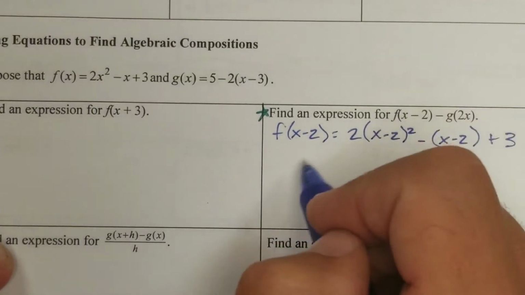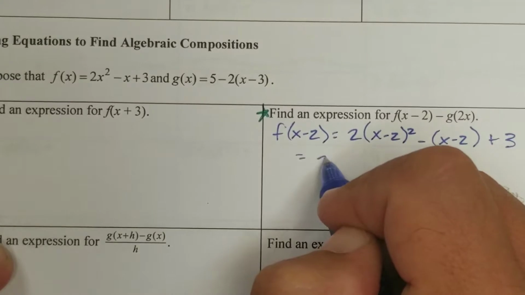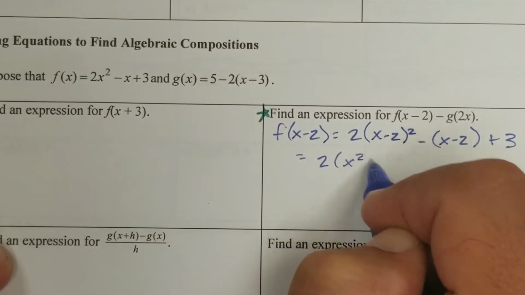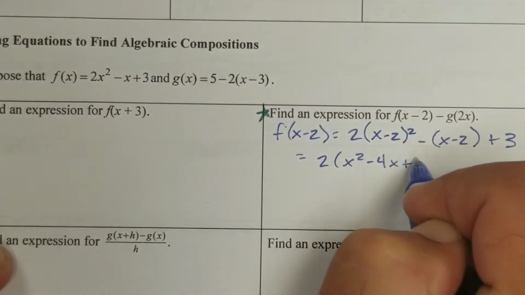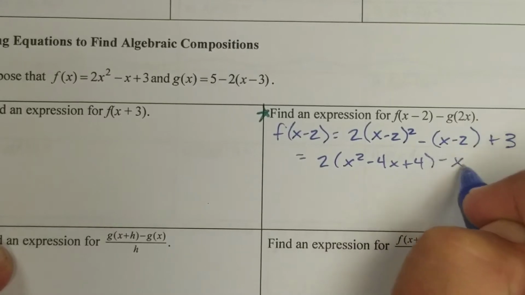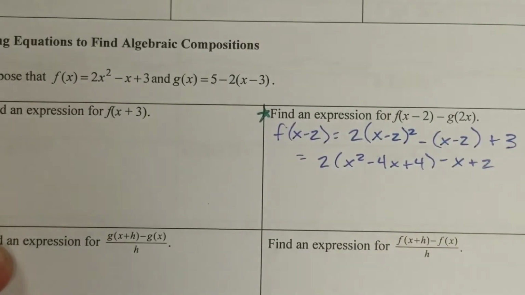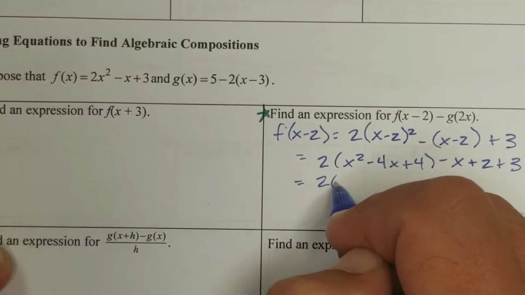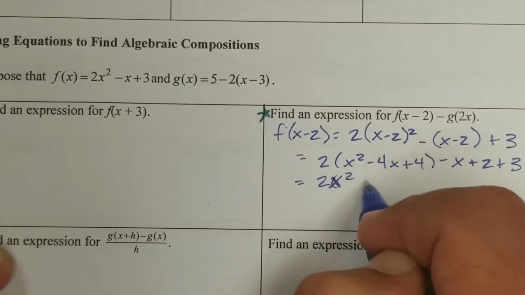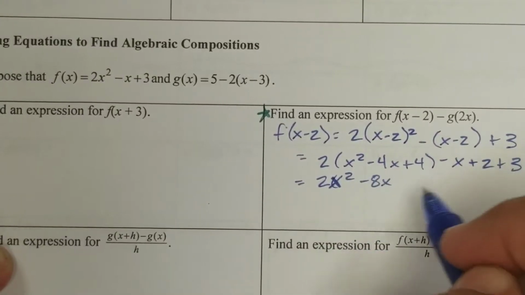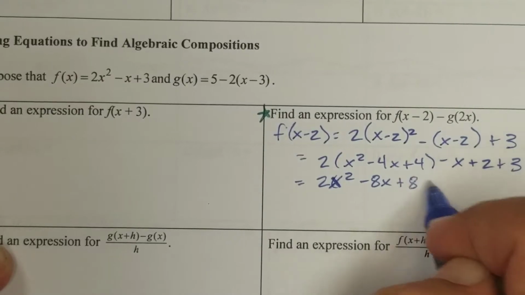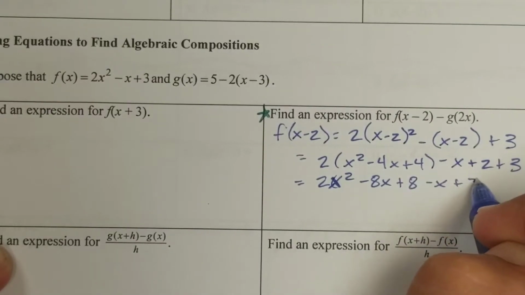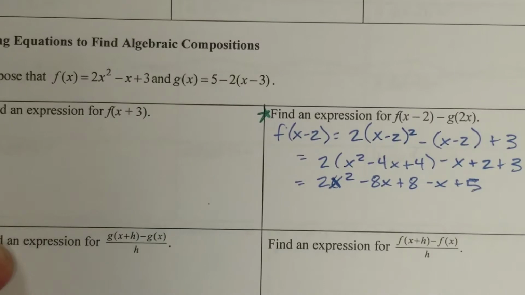So let's simplify this. We get 2, let's see, x squared minus 4x plus 4 minus x plus 2 plus 3. Let's keep going. 2x squared minus 8x plus 8 minus x plus 5.